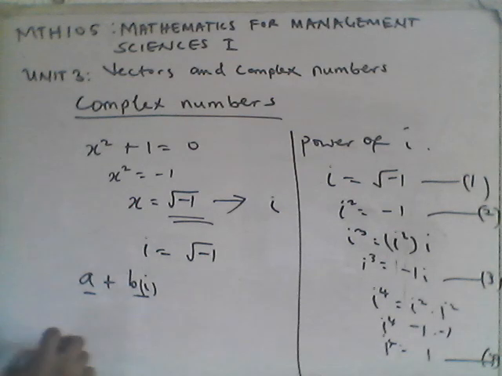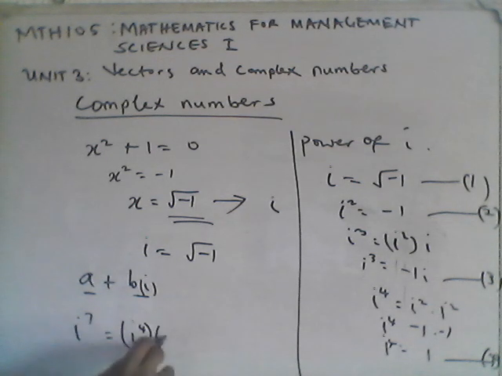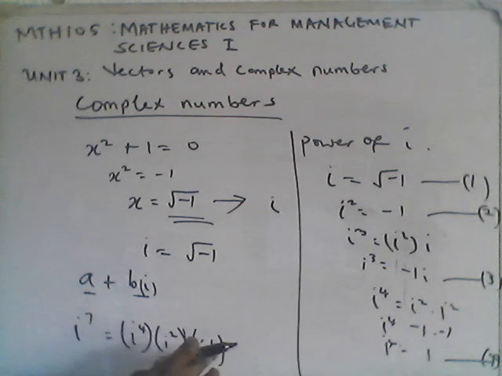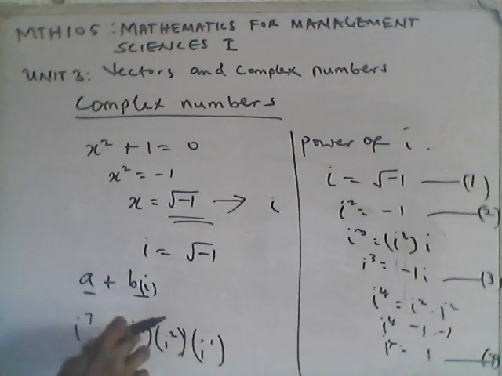Even if I have i to the power 7, for instance, I know that this is the same as saying i raised to the power 4, i raised to the power 2, and i raised to the power 1. This is it, because 1 plus 2 is 3, 3 plus 4 is 7.